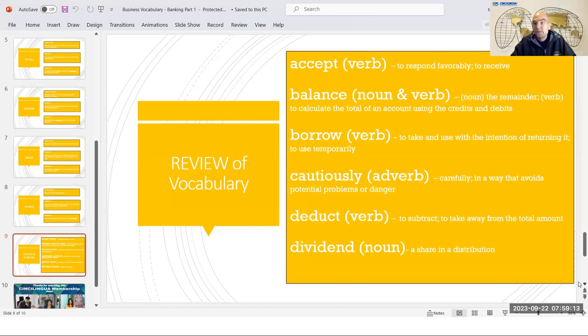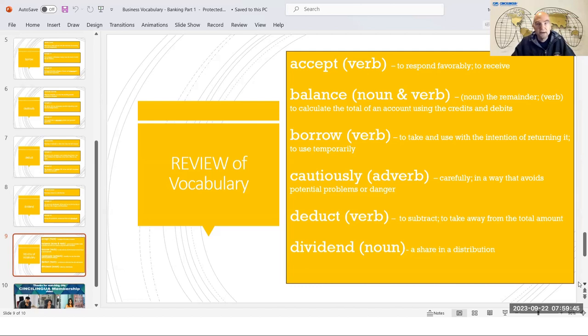Next word we looked at was balance. Balance, we said, can be used as a noun. It can also be used as a verb. When it is used as a noun, it refers to a remainder of some kind, a remainder from a previous total amount. What remains is what we call the balance. And when it's a verb, it refers to this action of making calculations.